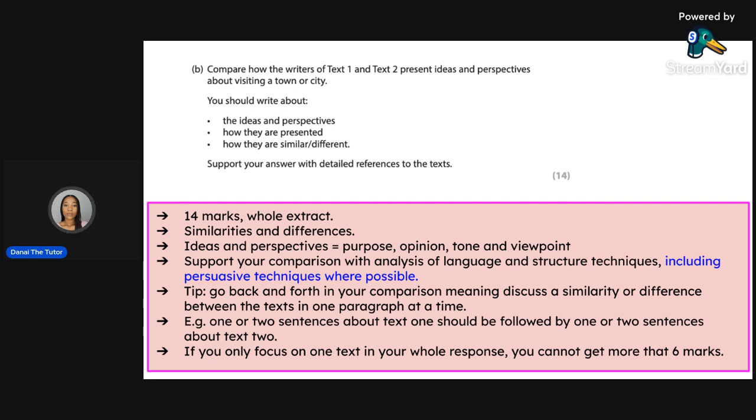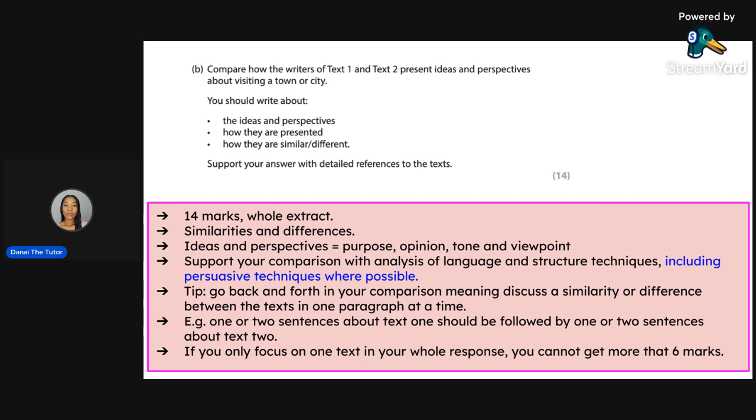Now, for this question, you need to go back and forth in your comparison, okay? Meaning discuss a similarity or difference between the texts in one paragraph at a time. So for example, write 1 or 2 sentences about text 1 and then follow that up, comparing that with 1 or 2 sentences about text 2, okay?